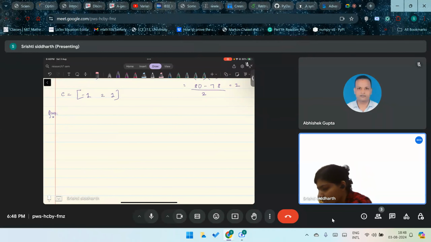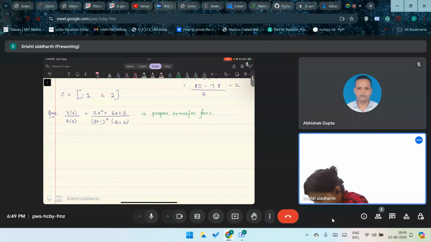Alright, so the transfer function is already given. It's 2s squared plus 6s plus 5. And the denominator is already given in simplified form. So this is it. So we have just a proper transfer function. And we have repeated eigenvalues.